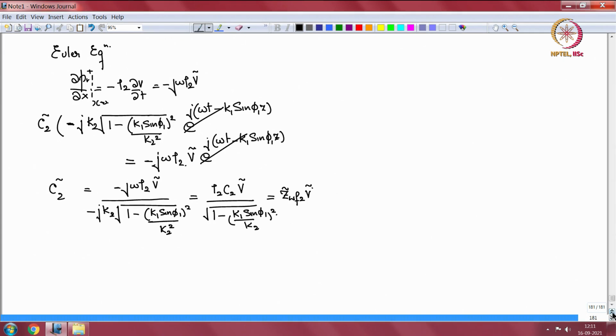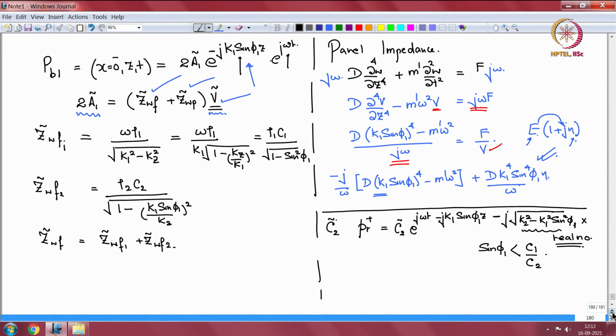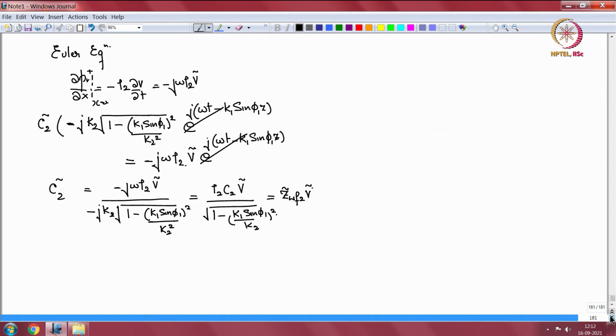If you see our earlier, so we have found V tilde from blocked pressure. So C2, which is our interest. Again, let me remind you that this is the transmitted pressure amplitude, this is the velocity of sound in the right side medium.